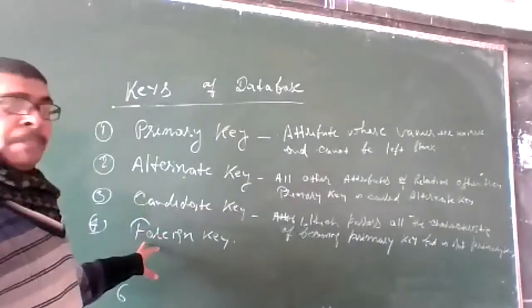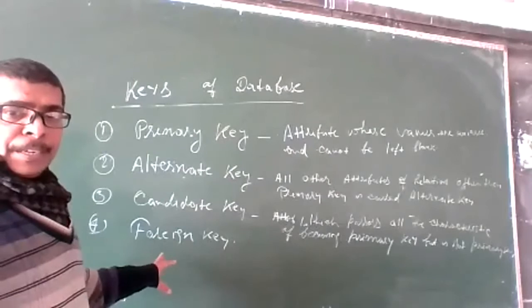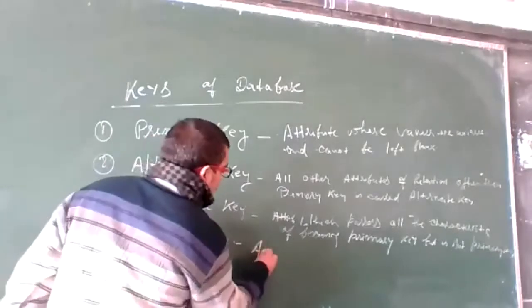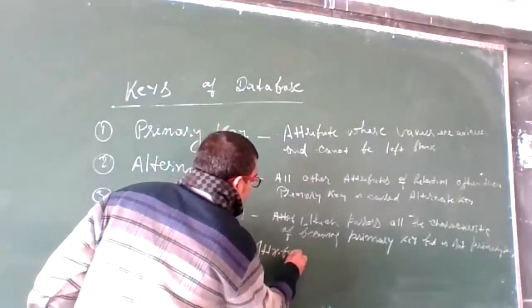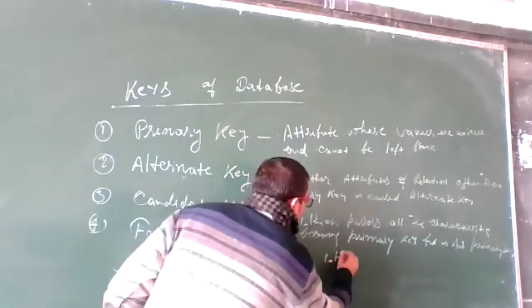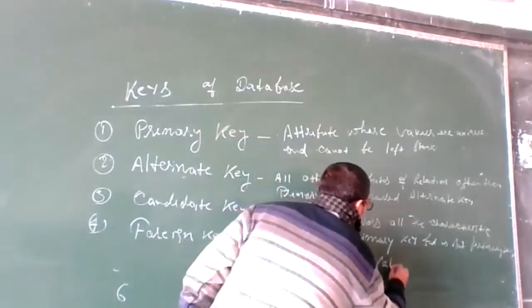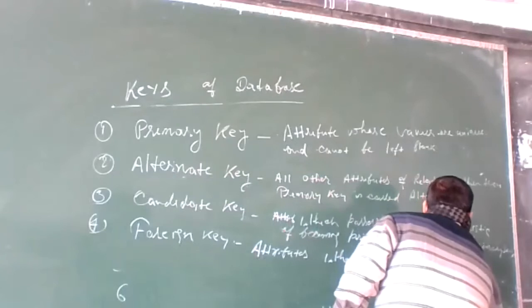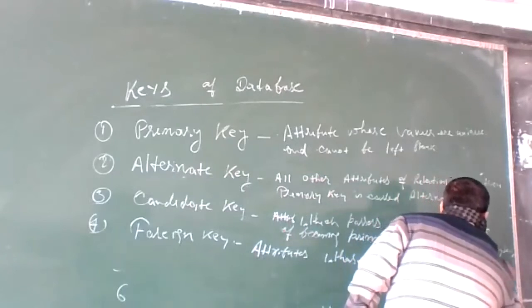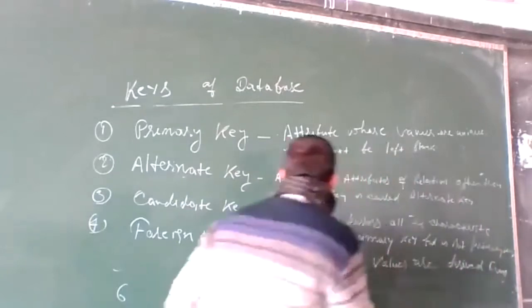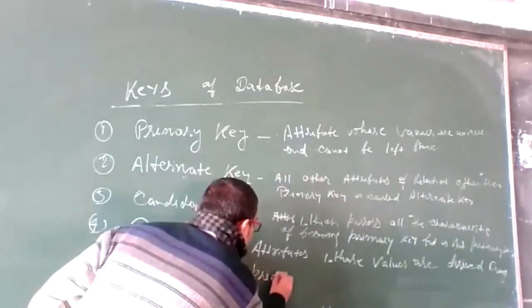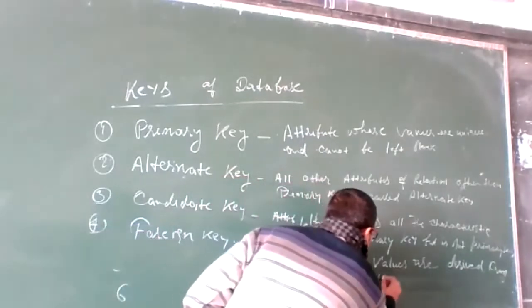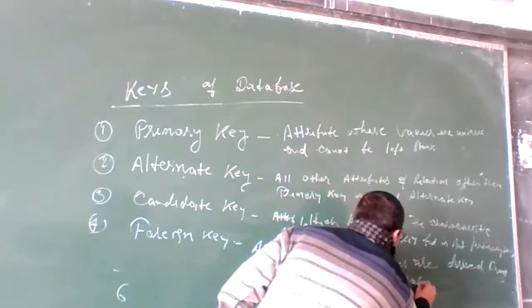Now, one thing is left, that is foreign key. Foreign key attributes are those whose values are derived from another table.